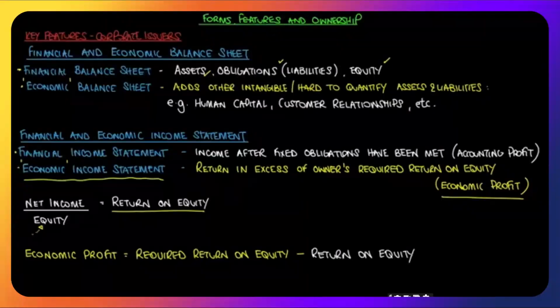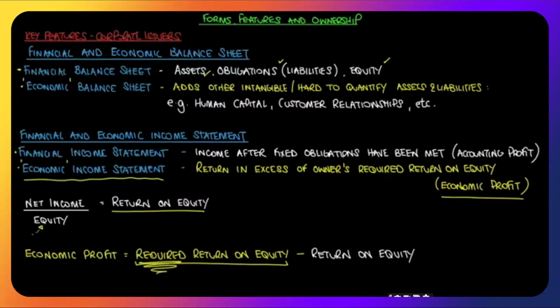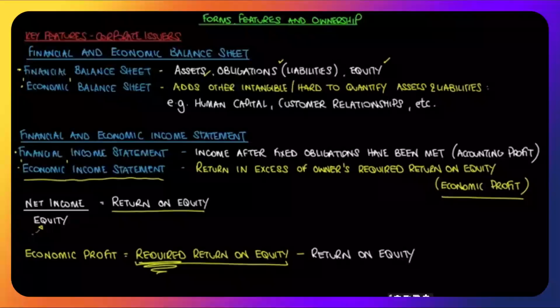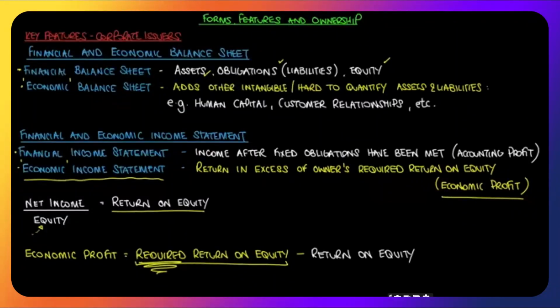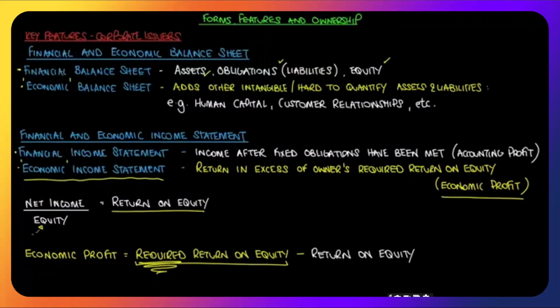Economic profit. Compare the required return on equity. This is the key word that makes it different. What our owners require to the return on equity you delivered. And remember, in a competitive market, in the long run, it is entirely possible and expected that in equilibrium, this will be zero.